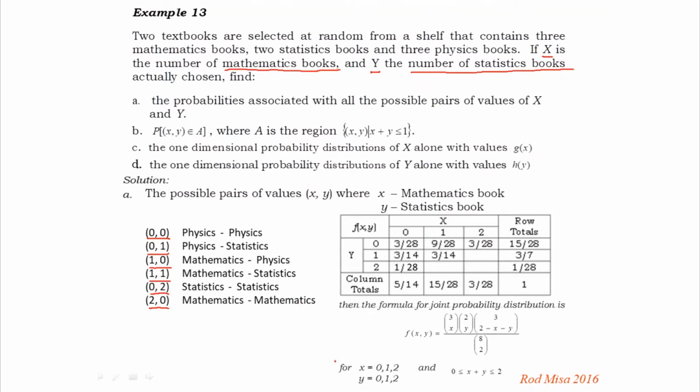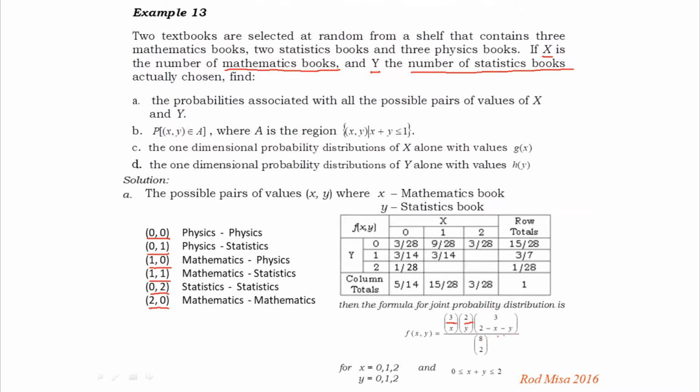And the joint probability mass function f of x and y is equal to the combination of 3 taken x at a time, because this 3 represents the 3 mathematics books, multiplied by the combination of 2 taken y at a time, because this 2 represents the 2 statistics books, and this is also multiplied by the combination of 3 taken 2 minus x minus y at a time, where x is the number of mathematics books and y is the number of statistics books.